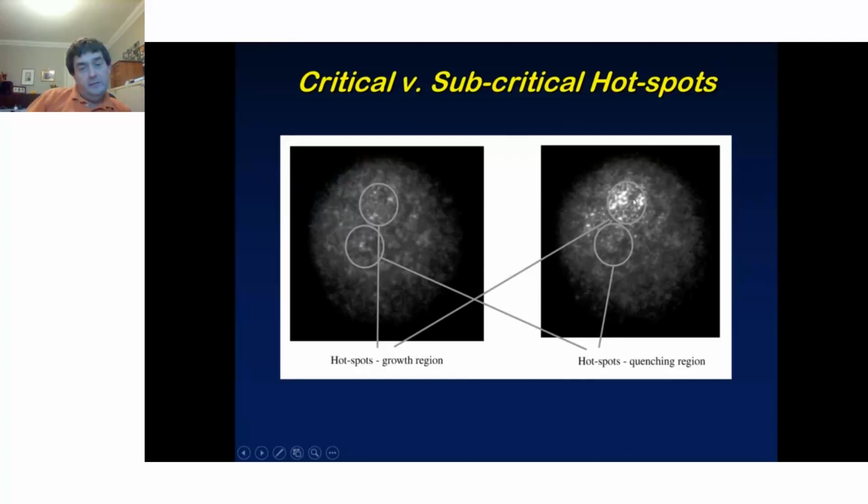Whereas here in this region, we have a hotspot which starts to form, and then the energy dies away from the system. So on this fast time scale, we'll see hotspots which evolve and cause extended reaction, and we'll also see hotspots which form but then die out. So we can see critical and subcritical hotspots.